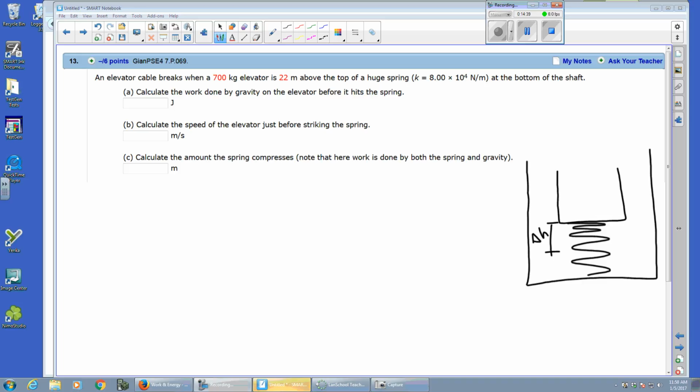This is modeled best through a bar graph with KE, PE grav, PE spring, and then afterwards the same three.